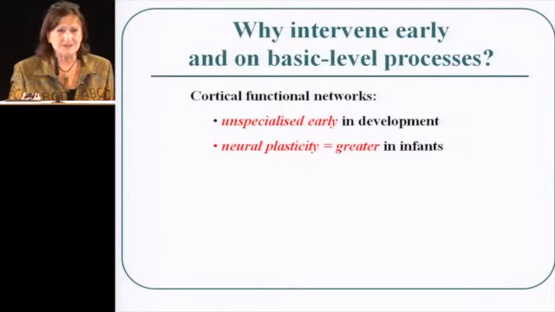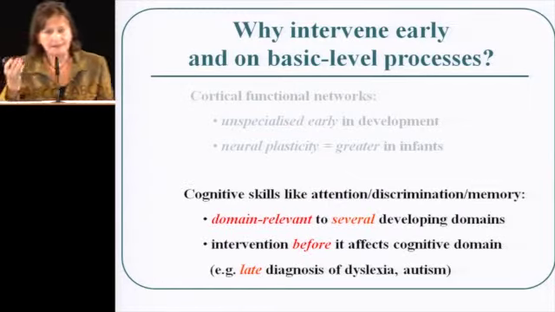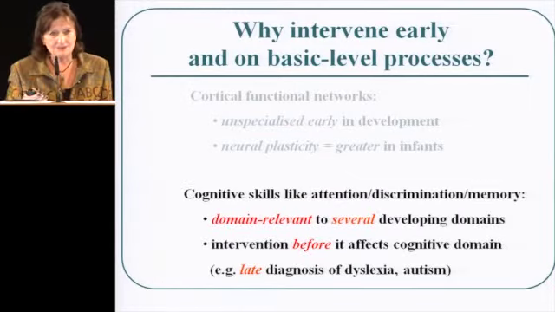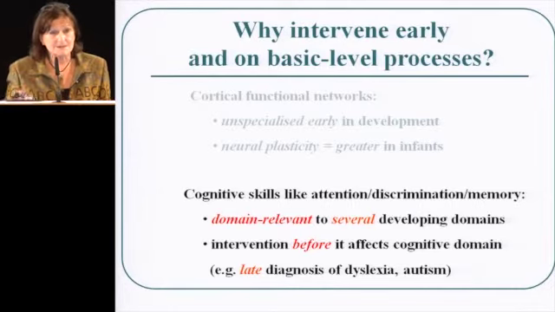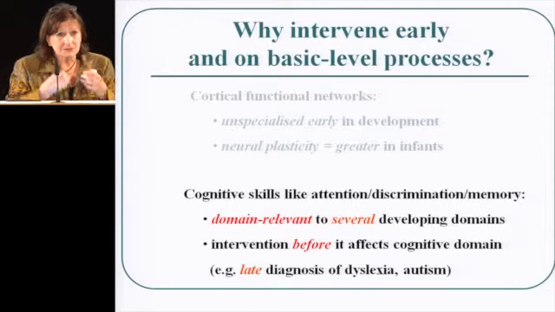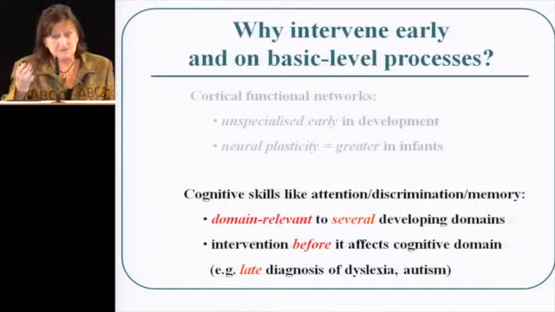We know that there are changes in the brain in aging adults. Also, cognitive skills like attention, discrimination, memory, and so forth are domain relevant to several domains. So if you train those skills, you're likely to have an impact on the developing system. And as I said earlier, intervention should be before it affects the cognitive level.